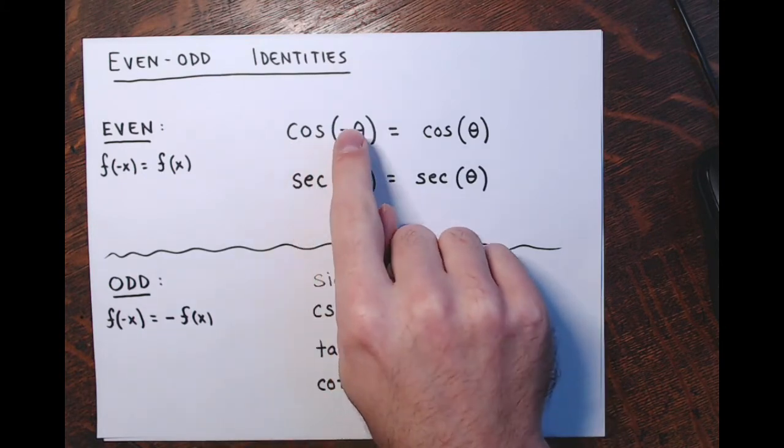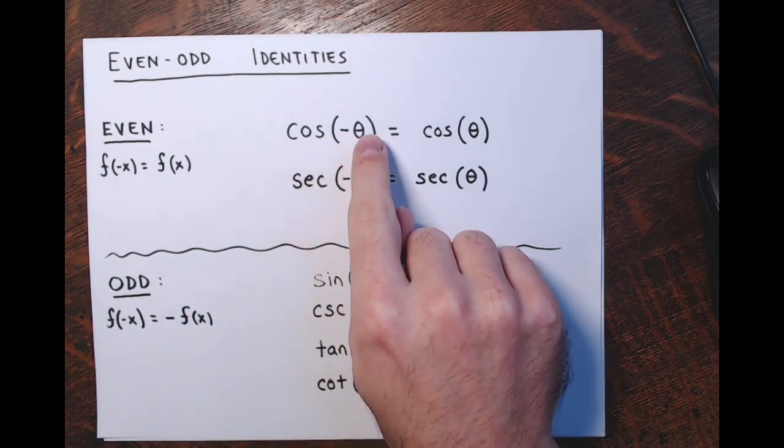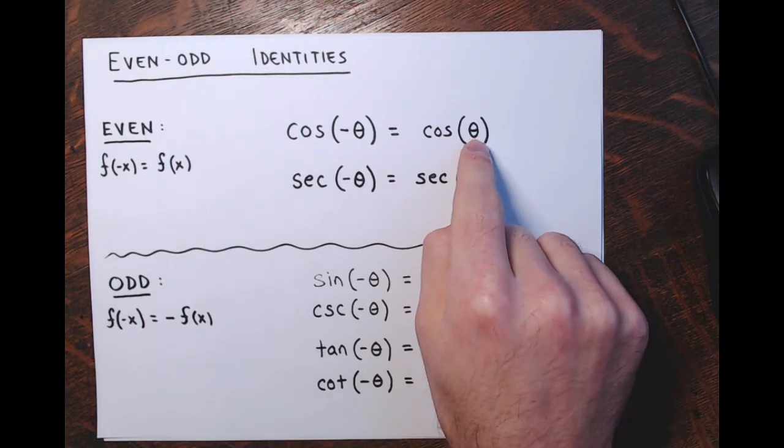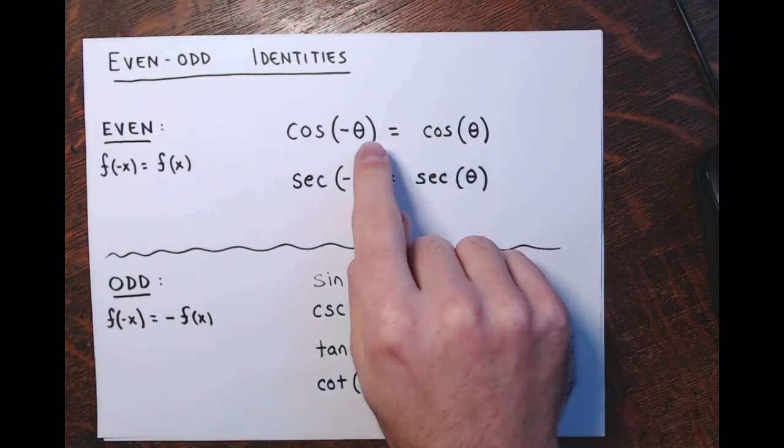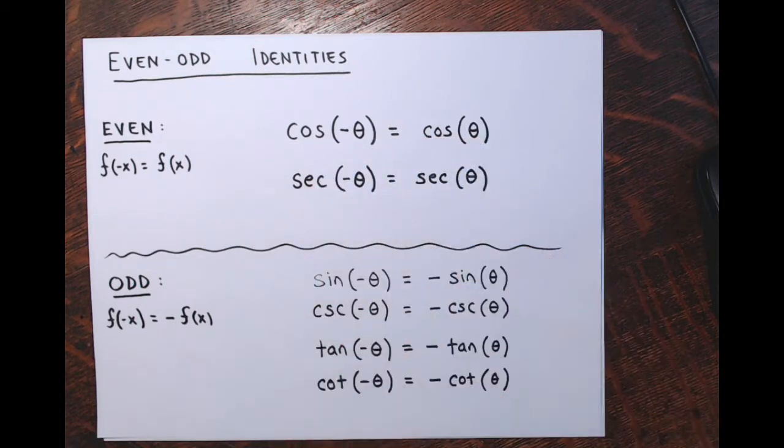So the cosine of a negative angle is equal to the cosine of the opposite angle, and the same for the secant. Cosine and secant are the only even functions; they have y-axis symmetry when you look at their graphs. Odd functions have origin symmetry, and the other four are odd.